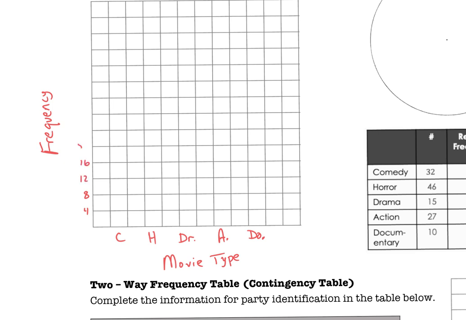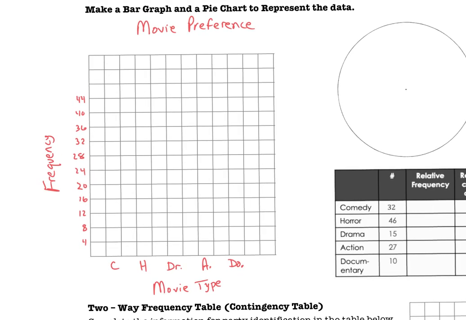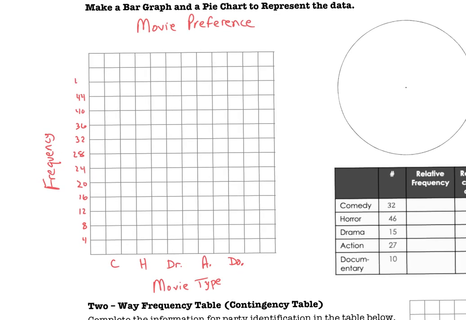That's called a scale. 16, 20, 24, 28, 32, 36, 40, 44, and finally we'll stop at 48 because that's as much as we need.